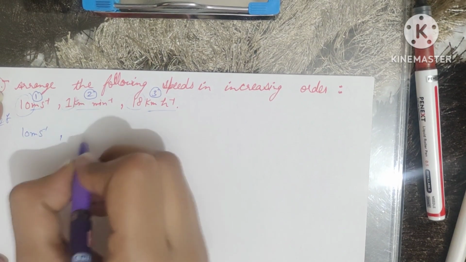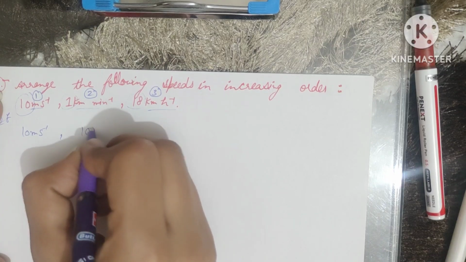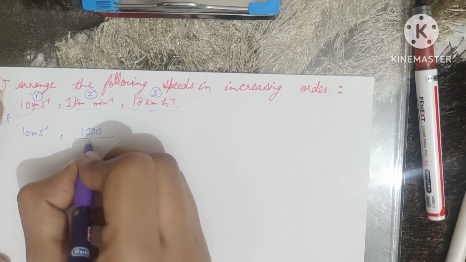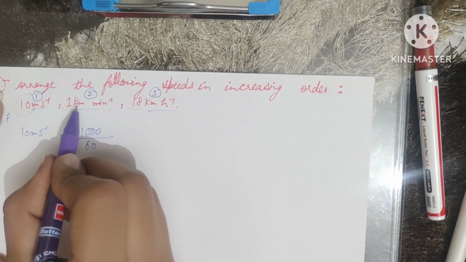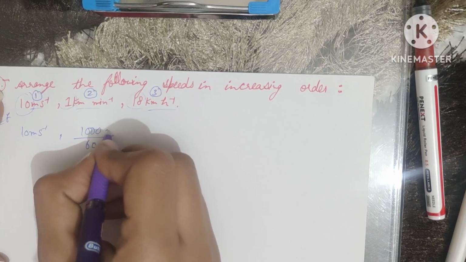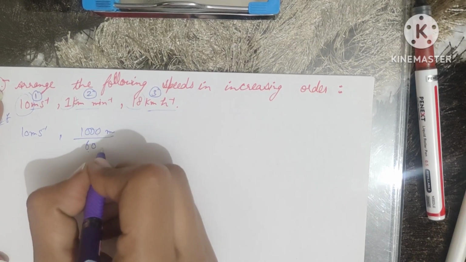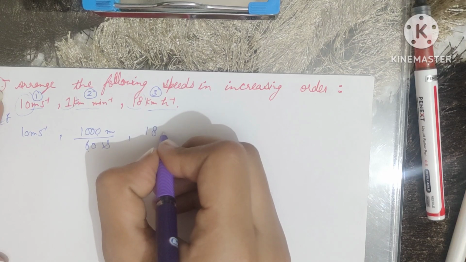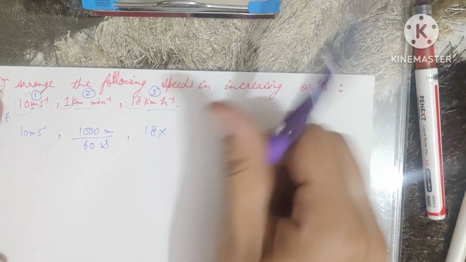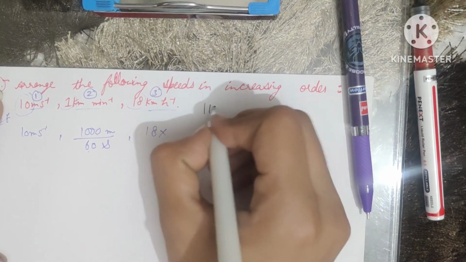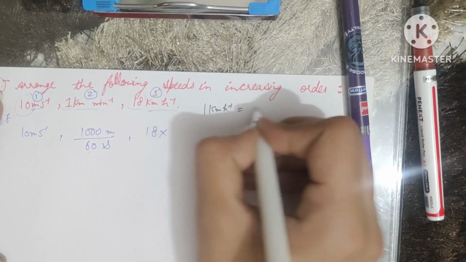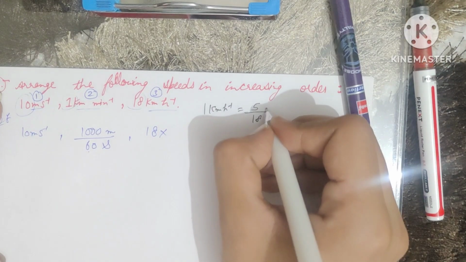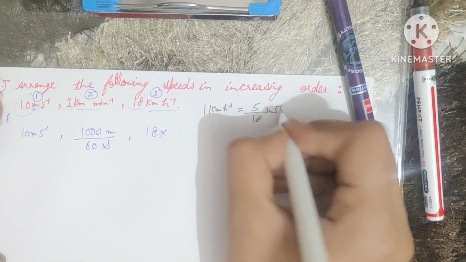I am writing the first one as it is and the second I am converting into meter per second. So I am multiplying the kilometer with 1000 for converting into meter, and 1 minute with 60 seconds to convert into the second, and 18 I need to convert into the meter per second. So 1 kilometer per hour is equal to 5 by 18 meter per second.